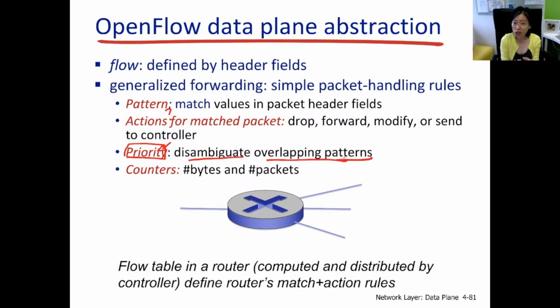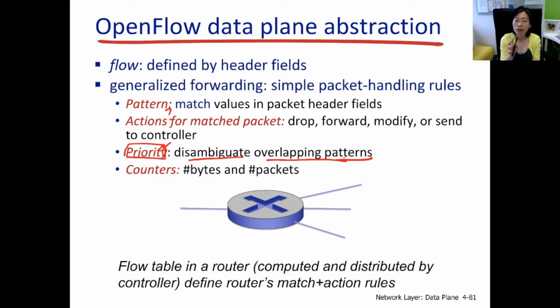Now, in traditional forwarding, we don't need to specify a priority. Why? Traditional forwarding is doing prefix matching. We have multiple prefixes existing in the forwarding table, so one packet could match multiple prefixes.